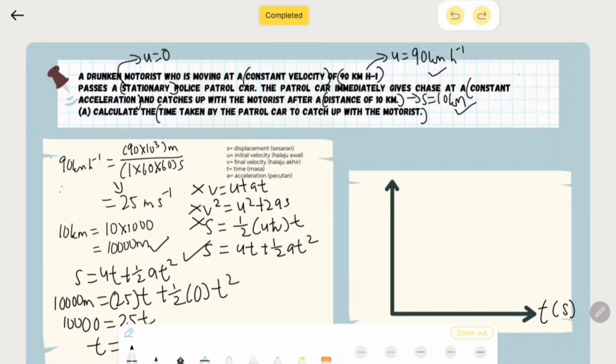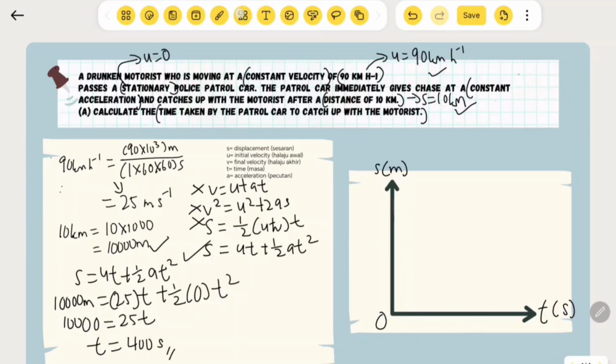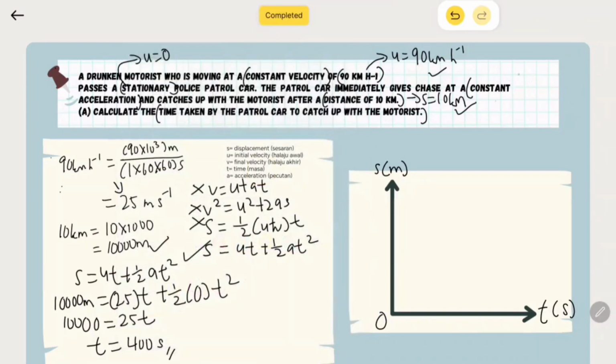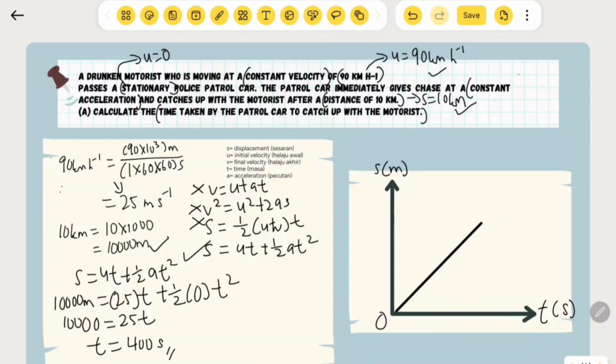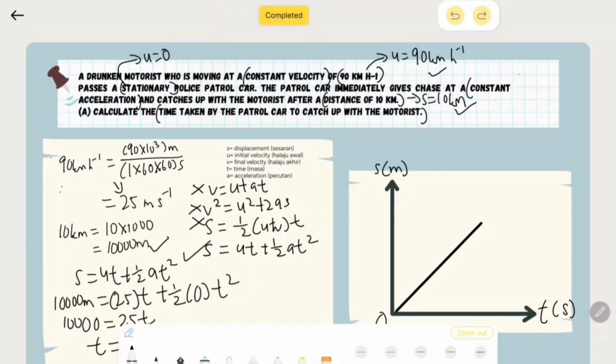For more information, let me show you how to draw the s-t graph for this type of question. We have the y-axis s with the unit meter, as well as the x-axis t with the unit of second. Here we need to draw a straight line to represent the constant velocity of the drunken motorist at 90 km per hour, which is the same as 25 meter per second.